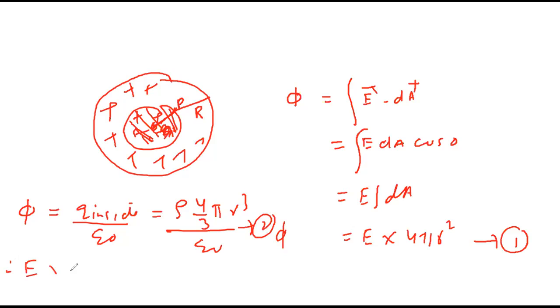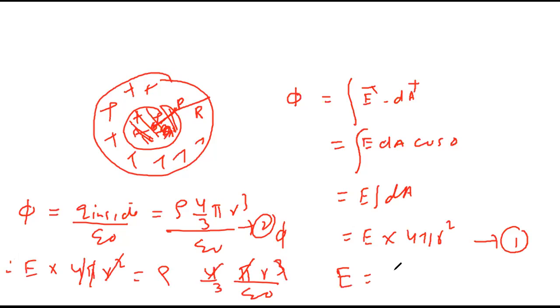Therefore, E into 4 pi r square is rho 4 by 3 pi r cube upon epsilon naught. 4 pi cancels, and r square cancels with r cube. So E is rho r upon 3 epsilon naught. Do we have this option?